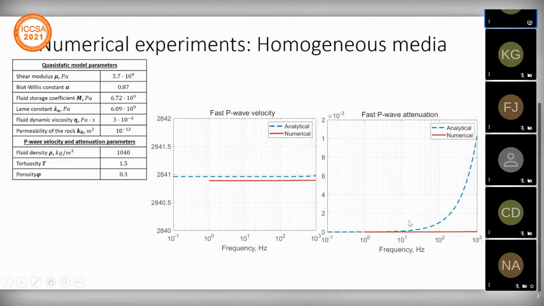And you can see that the analytical attenuation increases in the case of homogeneous media, but the quasi-static estimation does not, because the discrepancy comes from the equation. The analytical estimate here was obtained from the dynamic Biot equation. So we cannot see this increase in the attenuation in a quasi-static state. It's not the problem of numerical simulation; it's a problem of the model. It's a well-known fact.